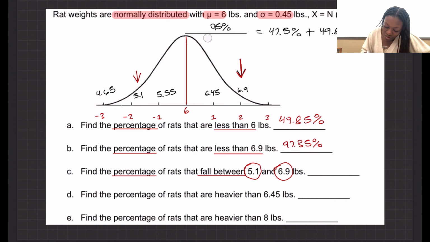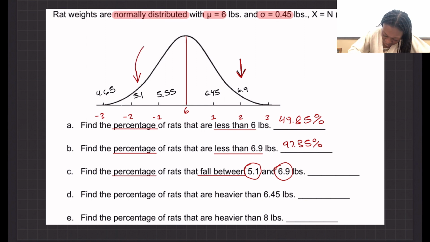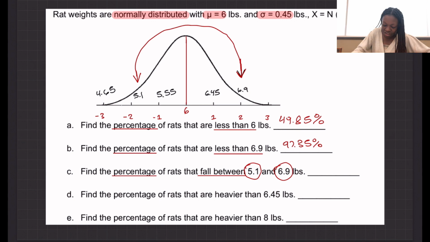Remember, the number for second deviation is 95%. So numbers that fall within this arch, within second deviation, are 95%. So the percentage of rats that fall between the second deviation on either side is equal to 95%.